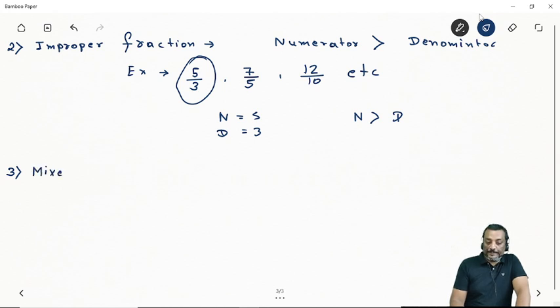fraction. Okay, so we get the mixed fraction from the improper fraction, but how we get from improper fraction to mixed fraction, we will see in coming classes.